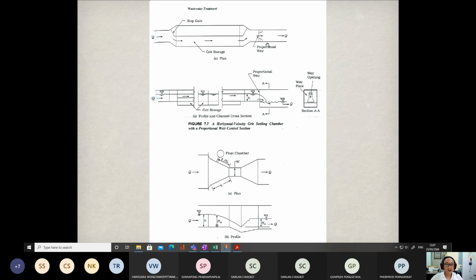After passing the grit chamber, the flume is installed right after the grit chamber. So the water levels before entering the flume and after passing through the flume, we measure and then determine the flow rate. So this is the beneficial use of these flumes.